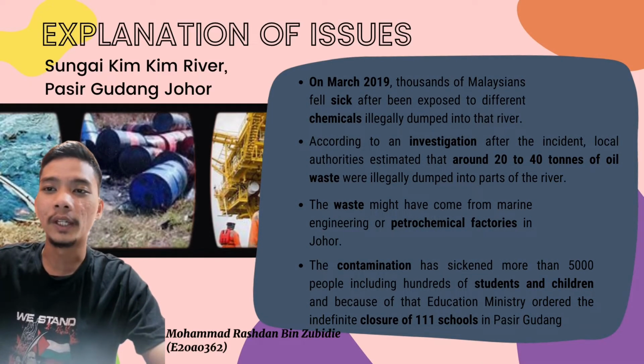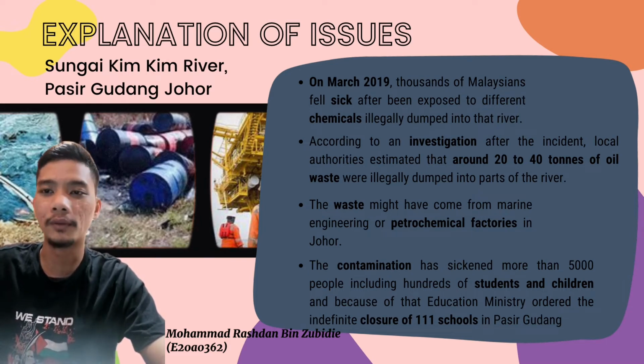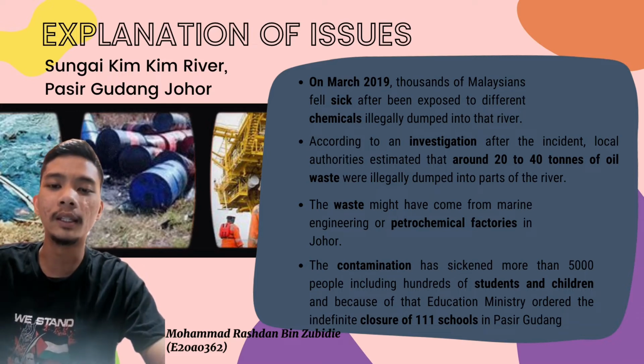Explanation of the Kim Kim River issue, Pasir Gudang, Johor. In March 2019, thousands of Malaysians fell sick after being exposed to different chemicals illegally dumped into that river. According to an investigation after the incident, local authorities estimated that around 20 to 40 tons of oil waste were illegally dumped into part of the river.